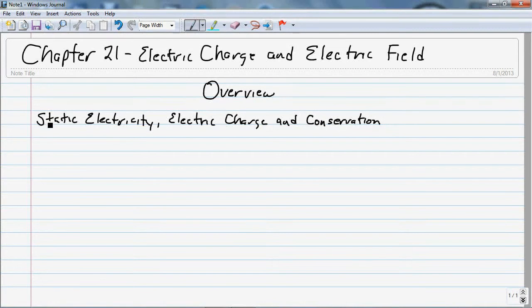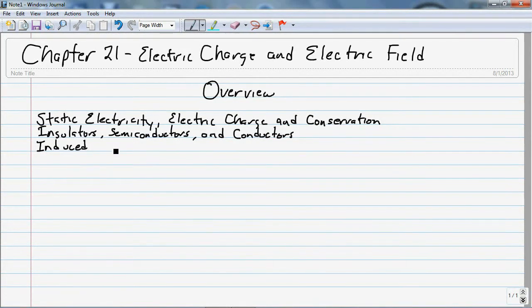Next topic we'll talk about are insulators, semiconductors, and conductors. We'll talk about induced charge and the electroscope.